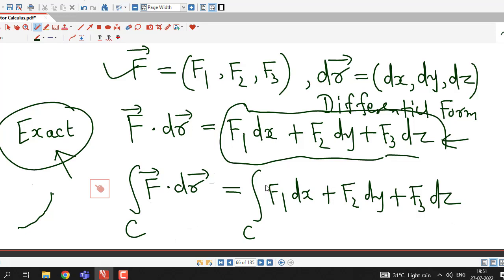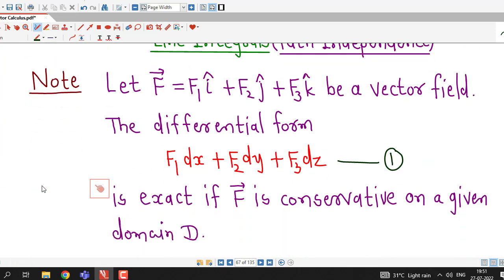Sometimes they can ask you to prove that this differential form is exact and then evaluate the line integral. To prove that a differential form is exact, it is enough to prove that the vector field is conservative, that is, its curl is the zero vector. So we remember this as a remark. Let F bar equal to f1 i plus f2 j plus f3 k be a vector field.